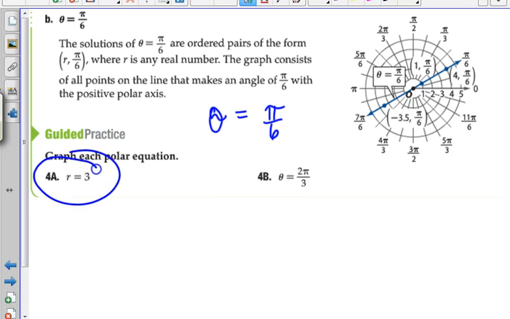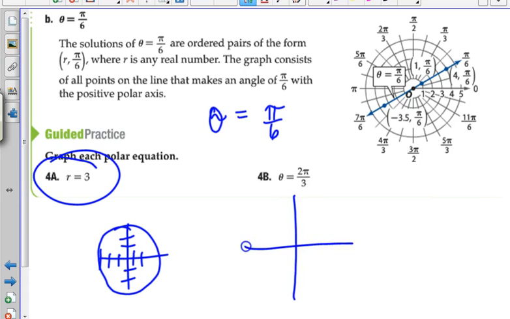So how would you sketch this? Yeah, or even on any kind of graph paper, you'd go out to 3 and make a circle, yes? Doesn't matter which way you go out the 3, up, down, left, right, because it's a circle. And this one, 2 pi over 3 is here, yes?